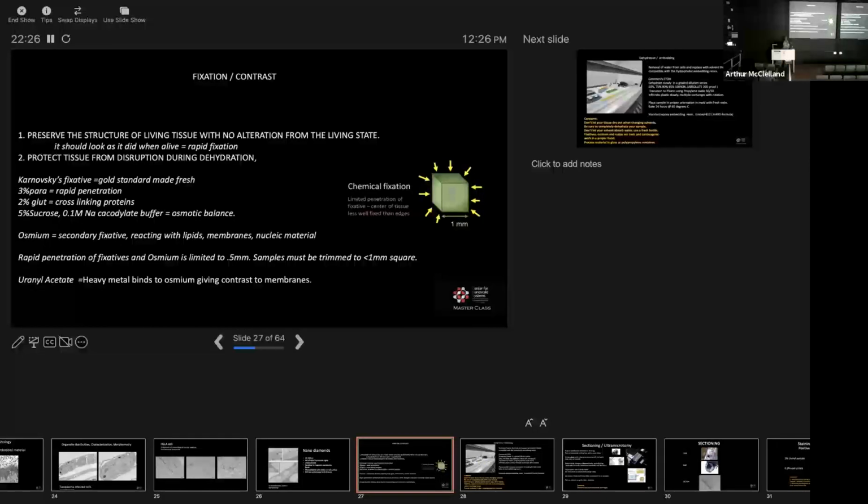But if you're working with liver, brain, lung, heart, muscle, anything like this, you're going to have to trim that down into 1 millimeter cubes, because the osmium and your other fixatives and your other dehydration methodologies aren't going to penetrate much deeper than a half a millimeter. So get your material down to half a millimeter cubed. And again, this is where you have to start thinking about, how do I want to see this? If you're looking at muscle tissue, you want to see muscle tissue in cross-section.